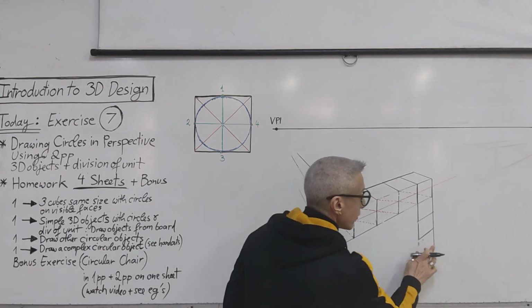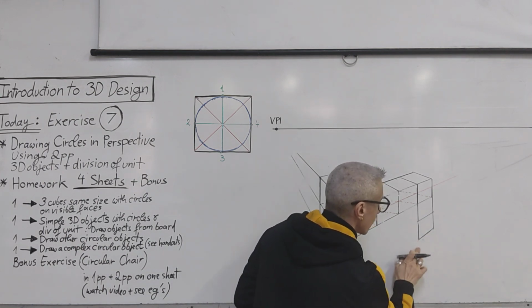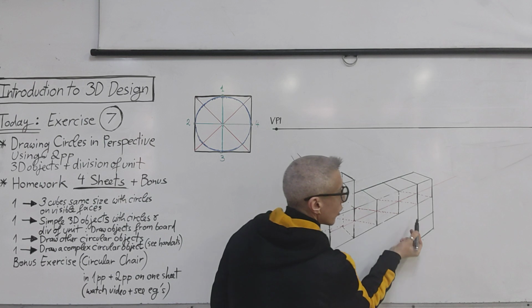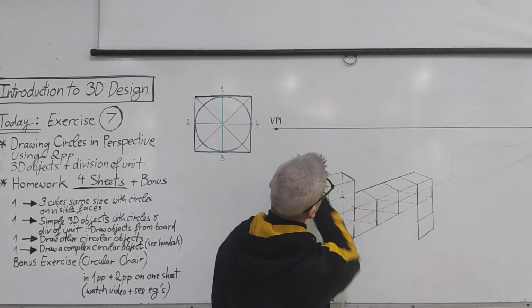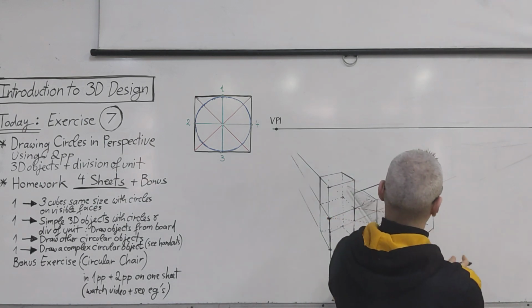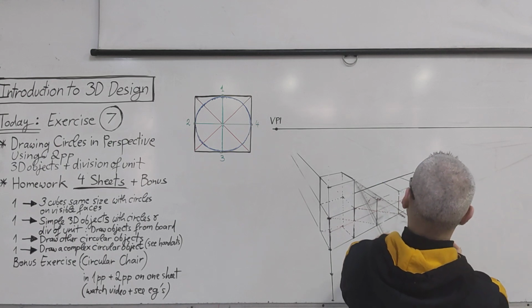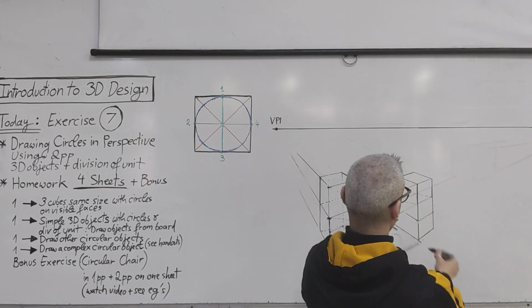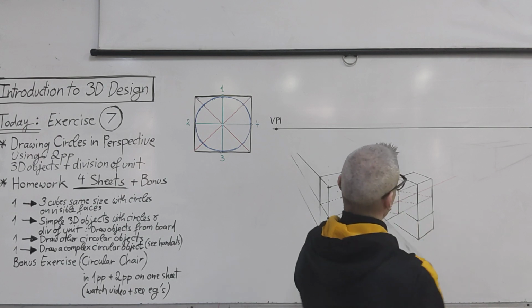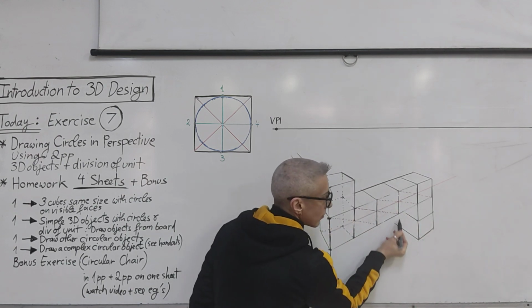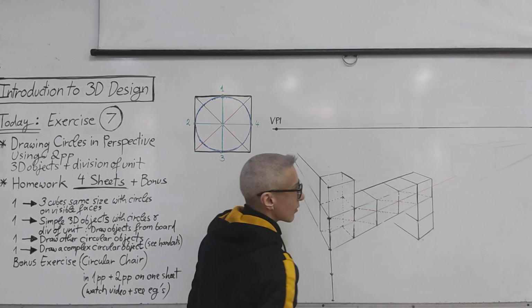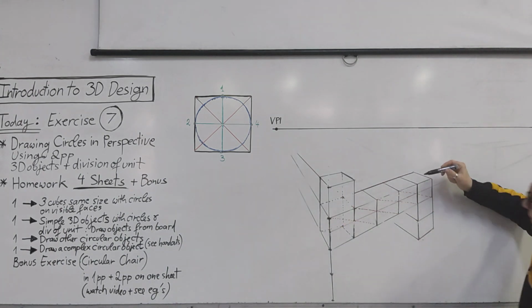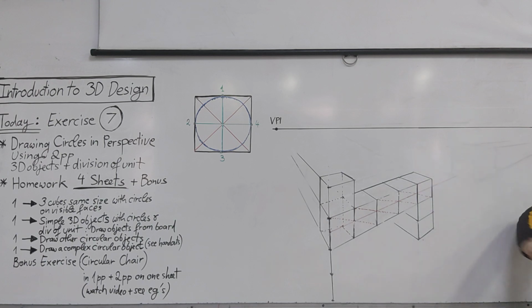Now we need to complete these cubes. These two cubes need to be completed. So from this point and this point to the vanishing point. And from this point to the vanishing point. But where do they end? Well, they're the same like this cube. So this cube has this corner here.